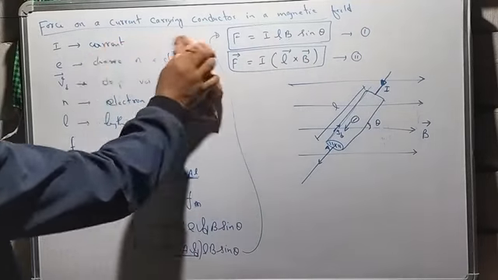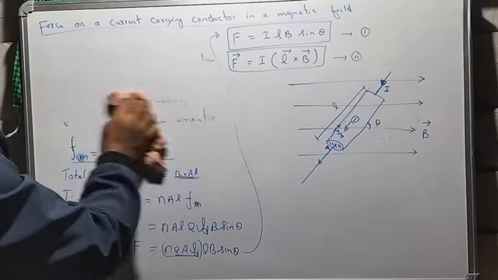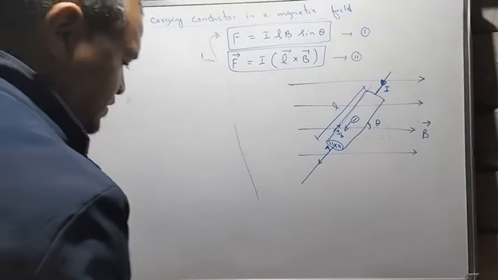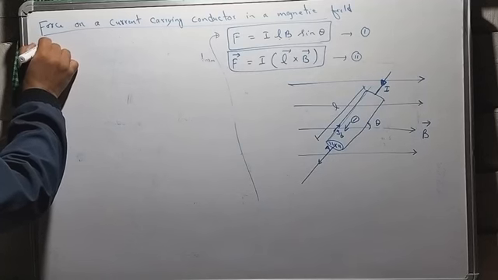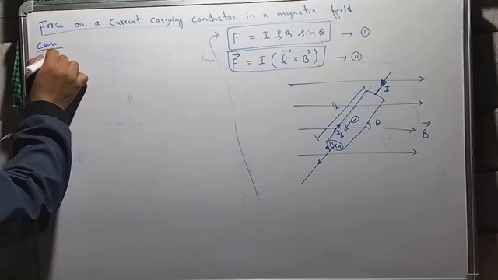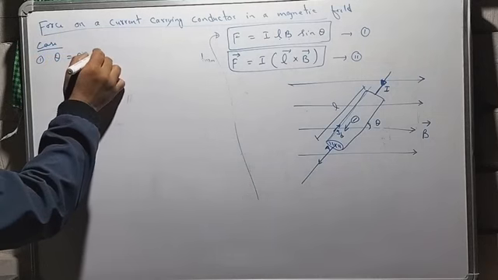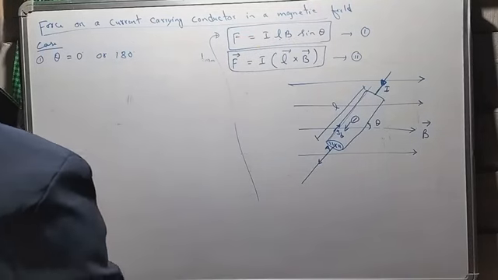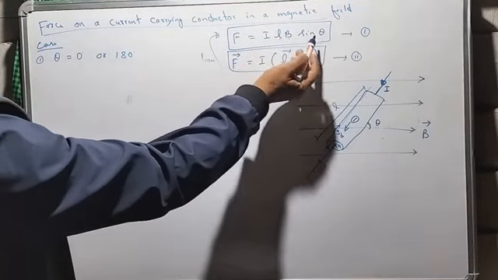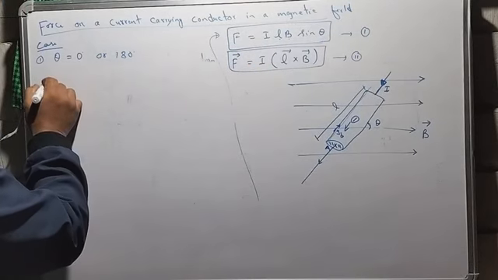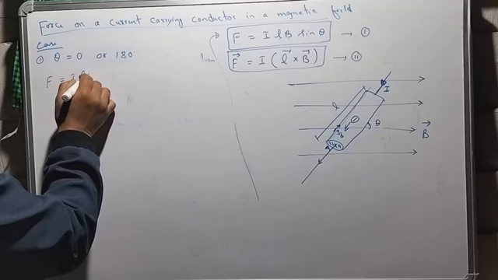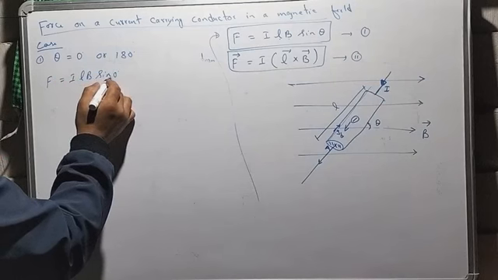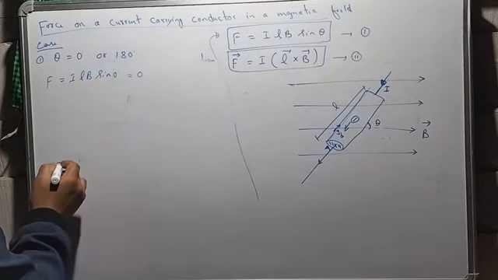After this, let us discuss some special cases. The first case is when theta is equal to 0 degrees or 180 degrees. Looking at equation 1, when theta is 0 degrees, F = ILB sin 0 degrees. We know sin 0 is 0, so everything will be 0.